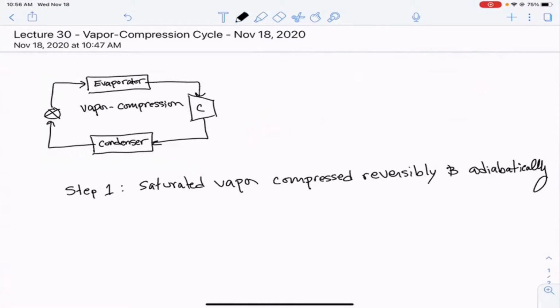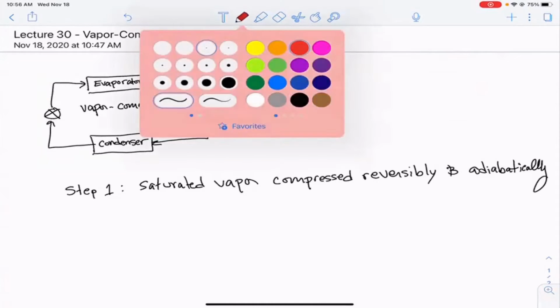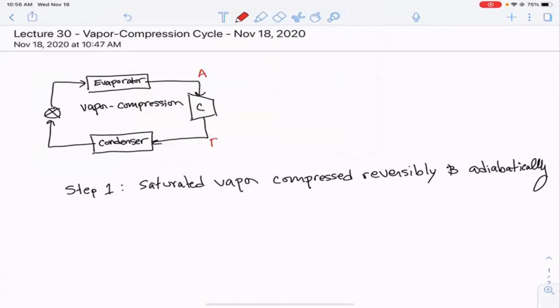So step 1 is to compress saturated vapor reversibly and adiabatically. Let me actually label this as A, B, C, and D. Step 1 is here, in the compressor.